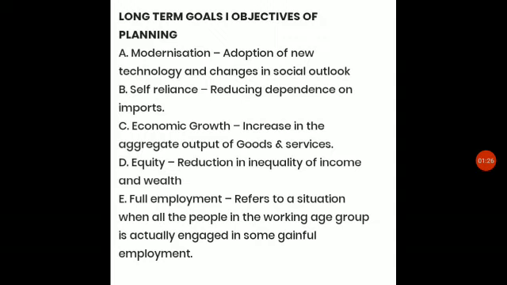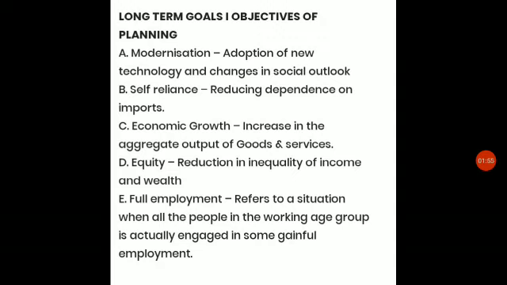The long-term objectives basically focus on 5 important goals. They are modernization, that is, adoption of new technology and change in social outlook. Self-reliance, that is, making the economy self-sufficient and reducing the dependency on imports.